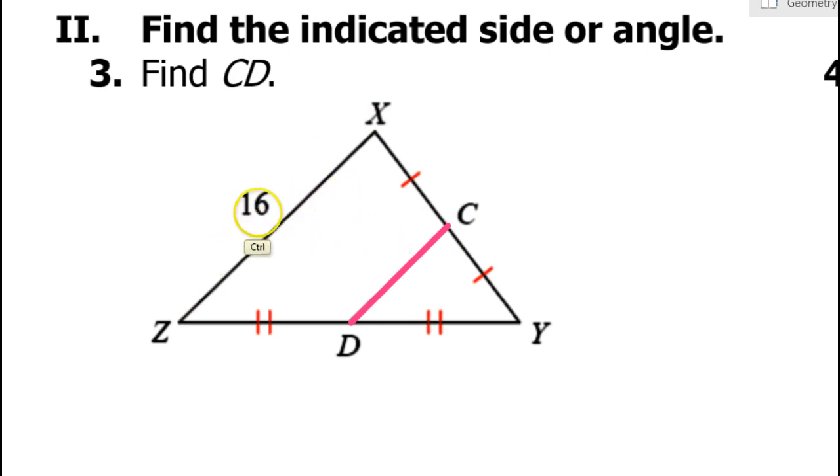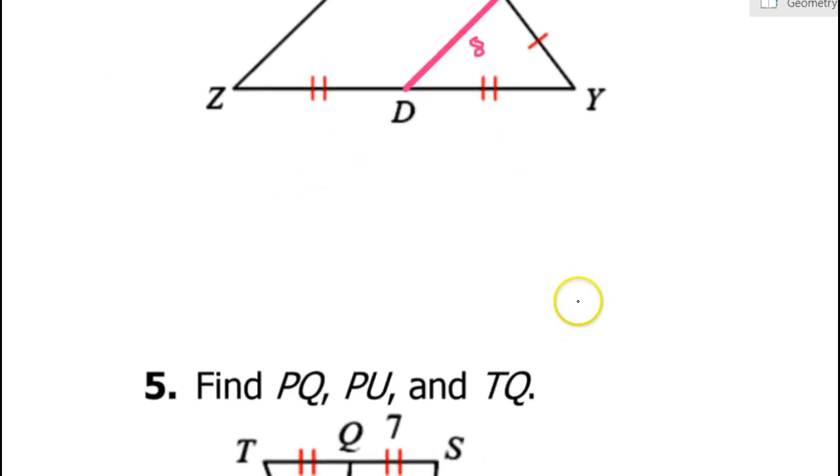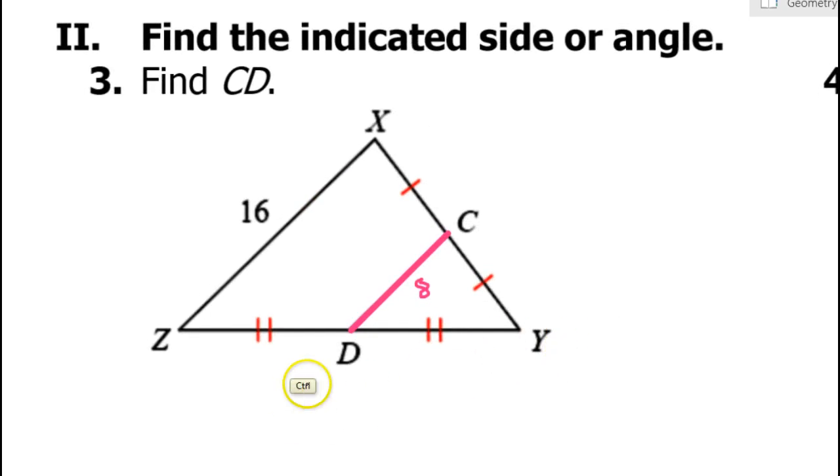So if this is 16, then CD will be 8, because it's going to be half the size. I guess they didn't give us a blank or anything, so CD equals 8. I'll just put it right there.